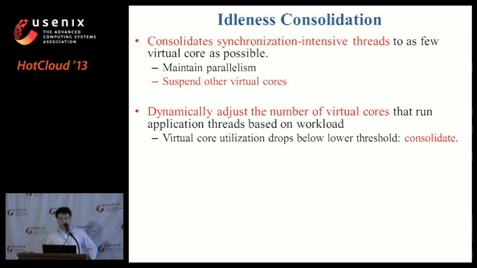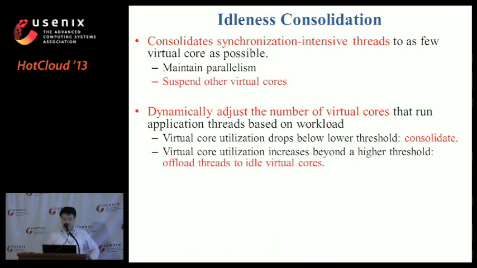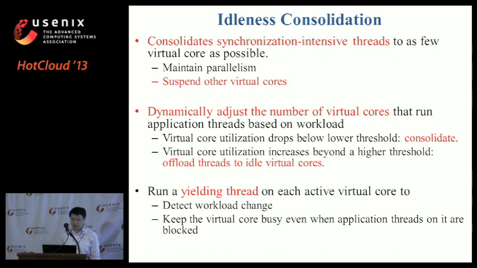If we see the utilization of active virtual cores drop below a low threshold, we do consolidation. If we see the utilization increase beyond a high threshold, we activate some idle virtual cores and offload some threads to these virtual cores. To detect workload change, we run a yielding thread on each active virtual core.